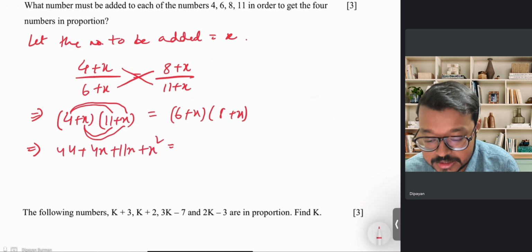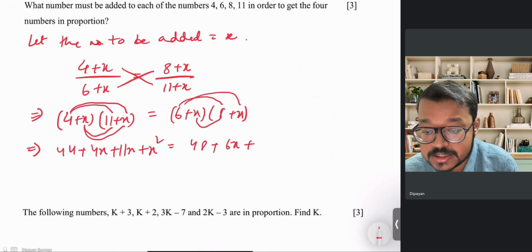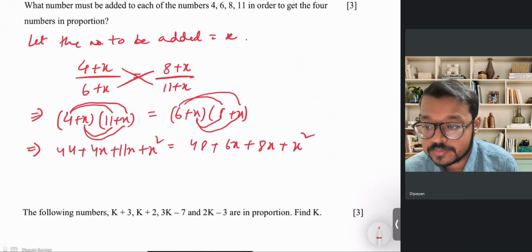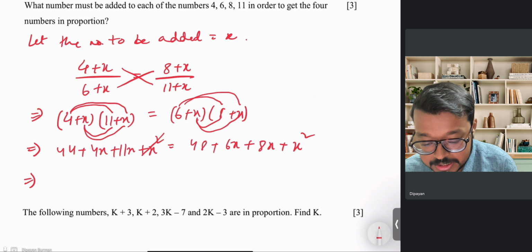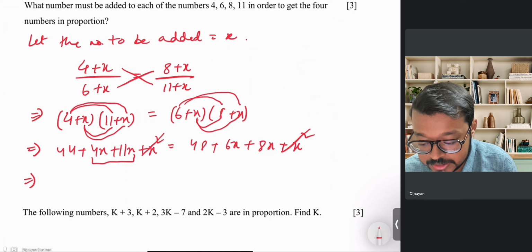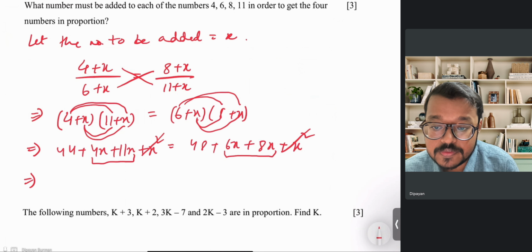And on the right side, 6 into 8 is 48, 6 into x is 6x, 8 into x is 8x, x into x is x square. There is x square on both the sides, so they will be cancelled. And 4x plus 11x is 15x, 6x plus 8x is 14x.